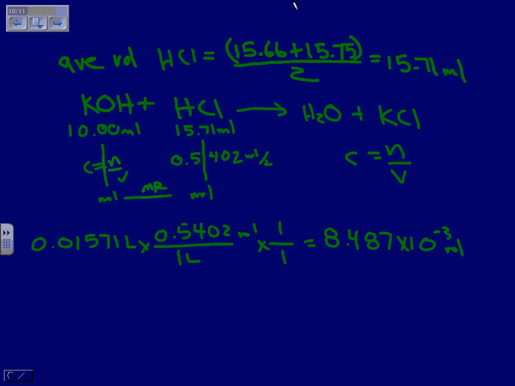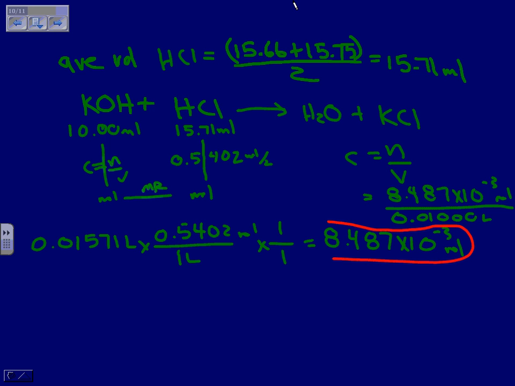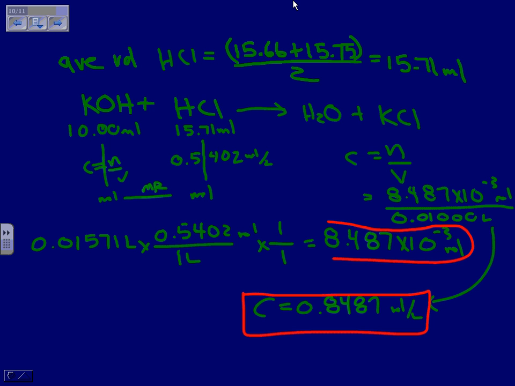And now we'll put it in there. 8.487 times 10 to the negative 3 moles over 0.01000 liters. And again, it's going to be like multiplying by 100, and you're going to get an answer of 0.8487 moles per liter. 4 significant digits on that one. Okay? All right?